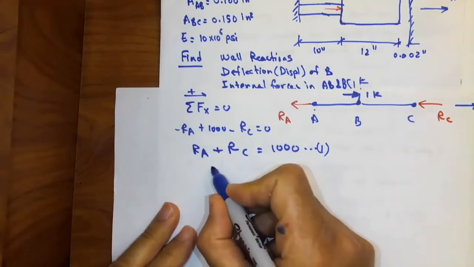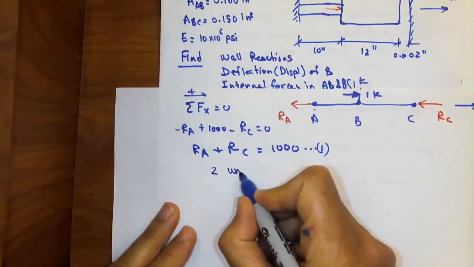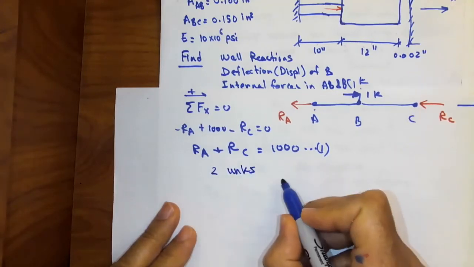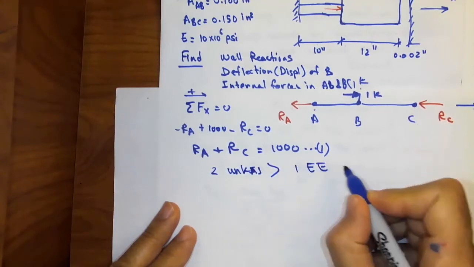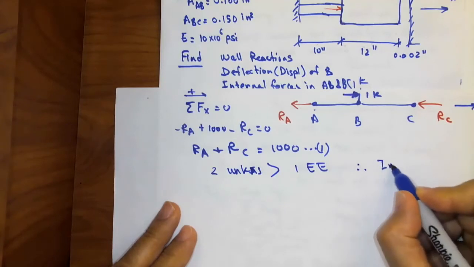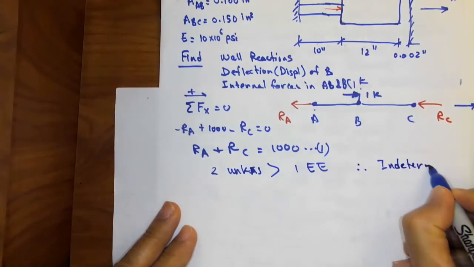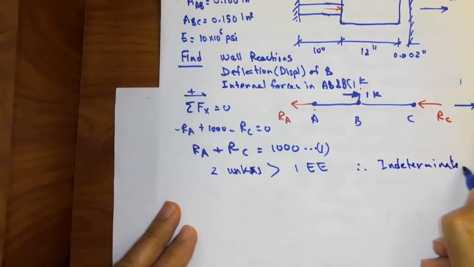So I can come up with this additional compatibility equation. So here we have two unknowns that are greater than one equation of equilibrium. Therefore, we call this an indeterminate problem.